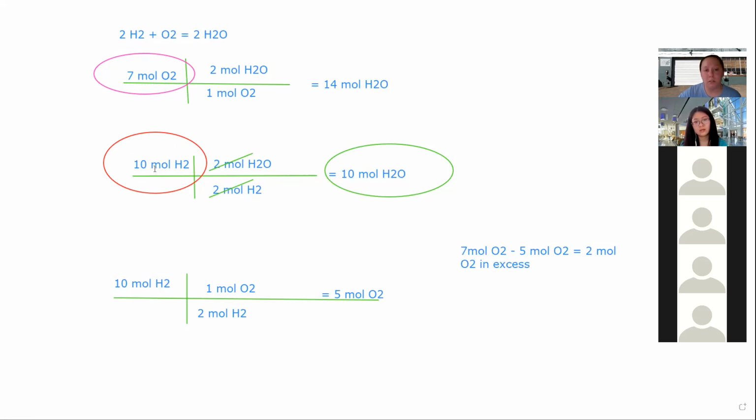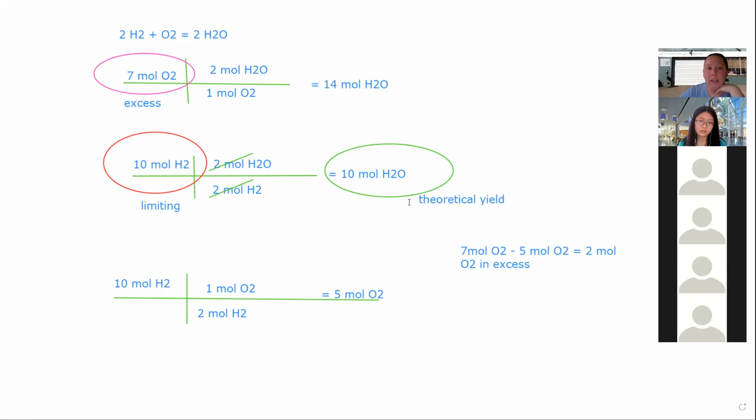So the 10 moles of hydrogen gas, H2, is our limiting reagent. Our oxygen is our excess reagent. And our 10 moles of H2O is our theoretical yield.